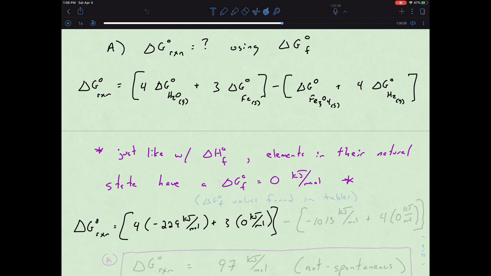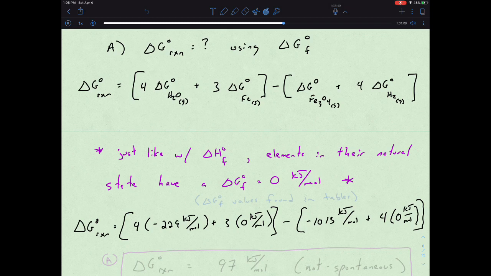And then we can now go towards the starting materials. We look up rust or iron oxide, we get a negative 1013 kilojoules per mole. And then just like with the iron, the hydrogen in its natural state would be 0 kilojoules per mole. And so those are our starting materials.